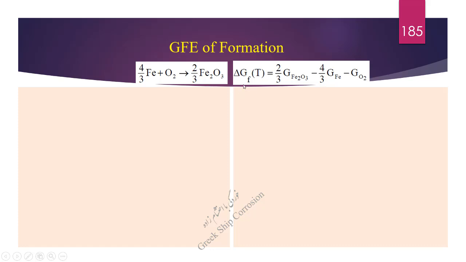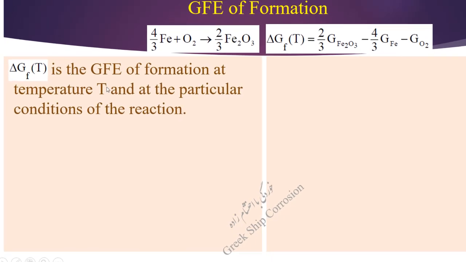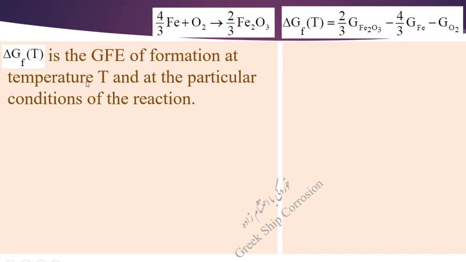The Gibbs free energy of formation at temperature T is equal to 2/3 of the Gibbs free energy of Fe2O3 minus 4/3 of the Gibbs free energy of iron minus the Gibbs free energy of oxygen. Delta GFT is the Gibbs free energy of formation at temperature T and at the particular conditions of the reaction.